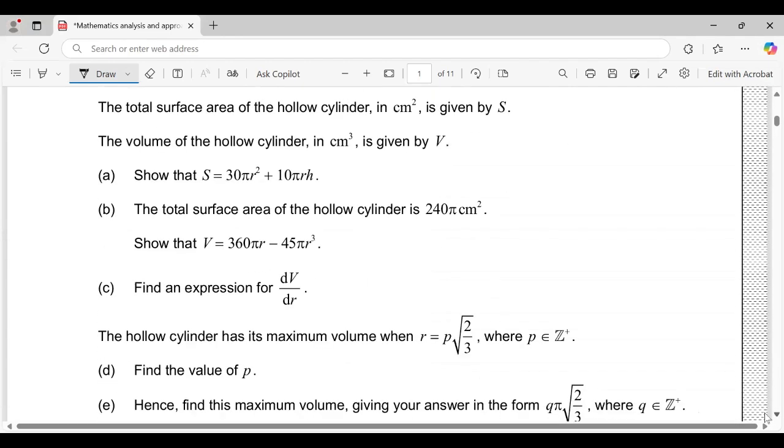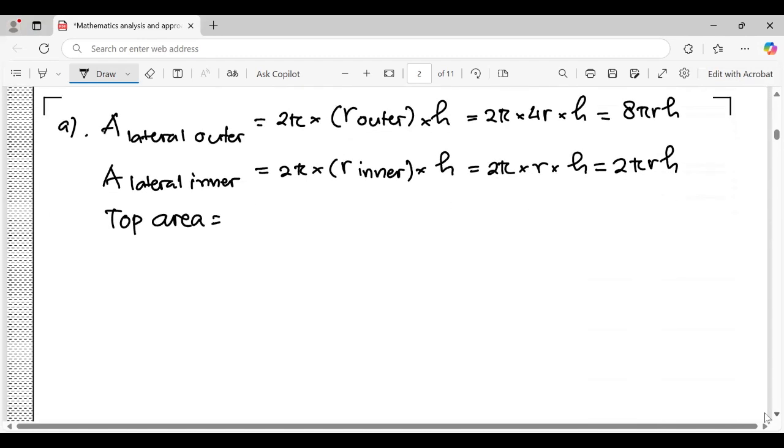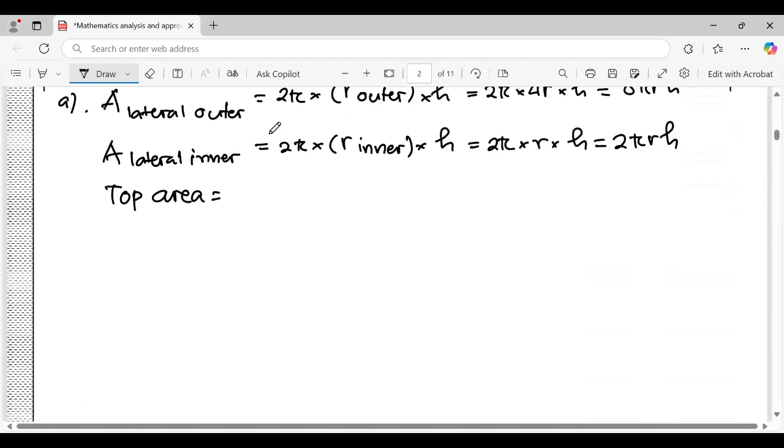The top area equals pi multiply 4r squared, because the radius is 4r, minus the small cylinder, pi r squared.